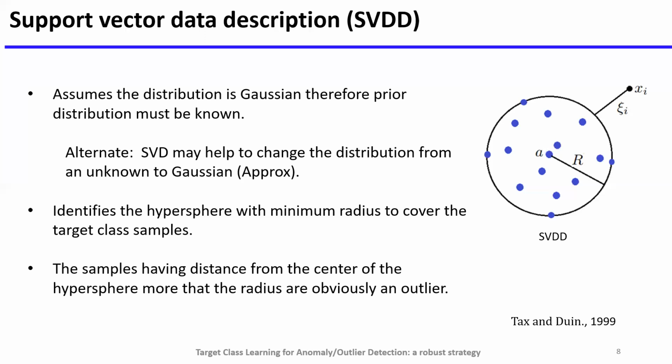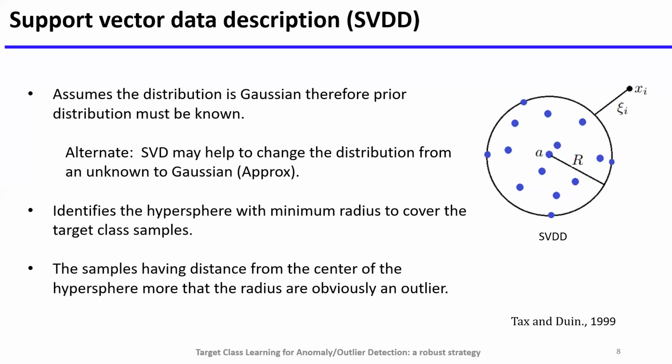In SVDD, basically one hypersphere is identified with the minimum radius. The objective is to find the one hypersphere with minimum radius to cover all the target class samples. And if any incoming sample is away from the boundary, we can surely conclude that the point is an outlier.